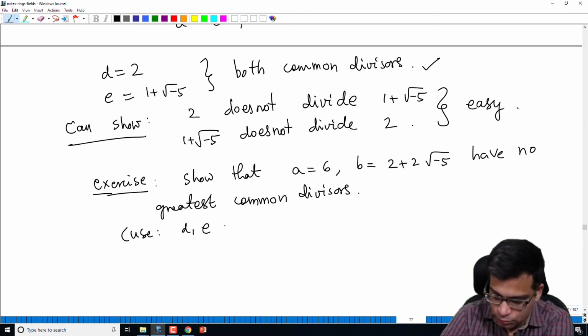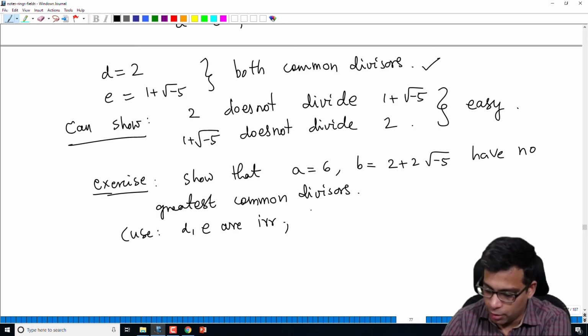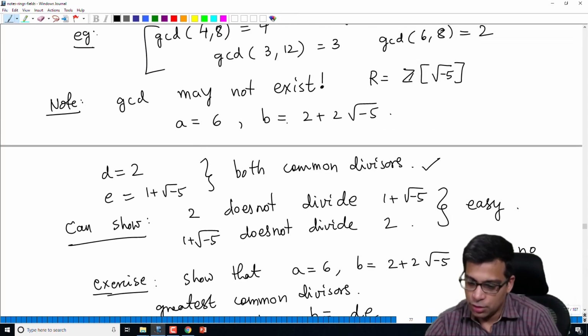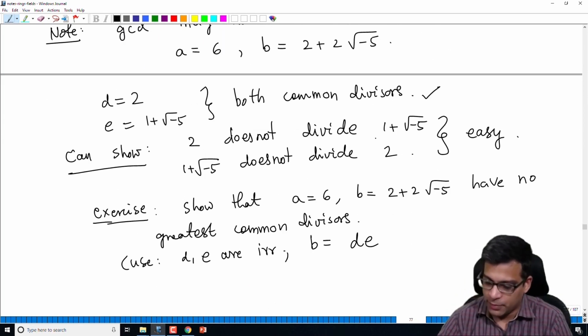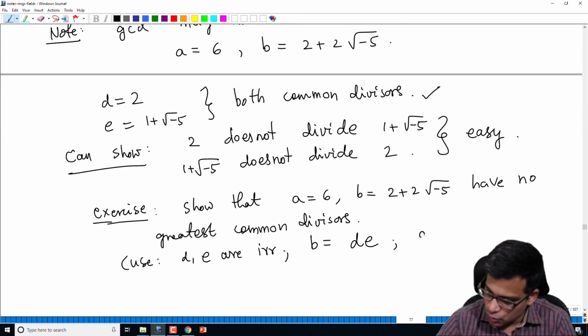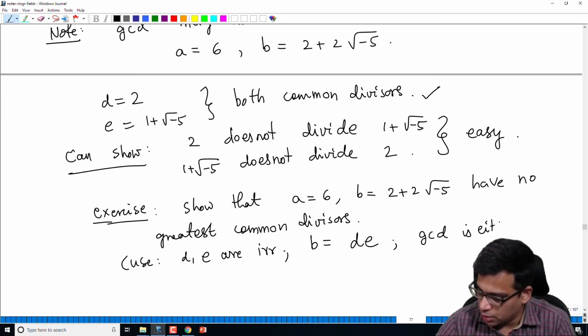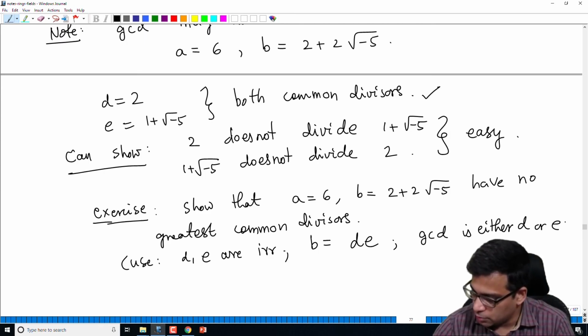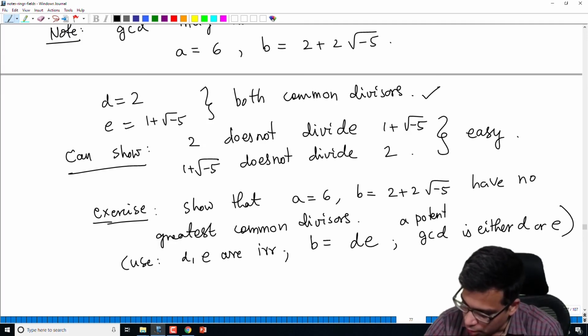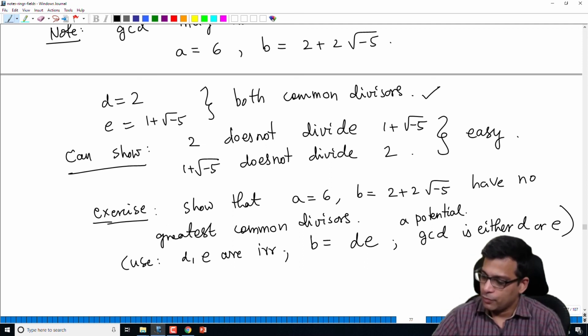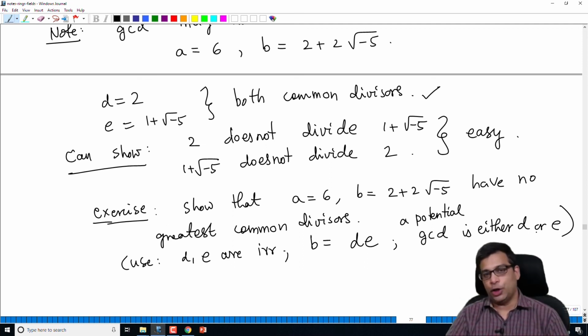B is actually D times E, because B, which is 2 plus 2 times square root of minus 5, is D times E. So a potential GCD is either D or E, because B has only two divisors really.